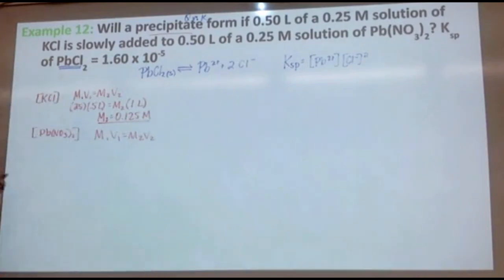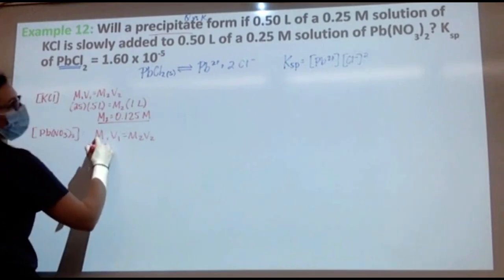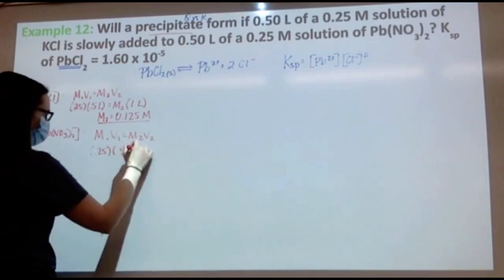Again, the reason that we are doing this is because we are adding two solutions together. So we are finding the molarities immediately before they react, like we did with neutralization reactions. So then for lead 2 nitrate, 0.25 molar, 0.5 liters.